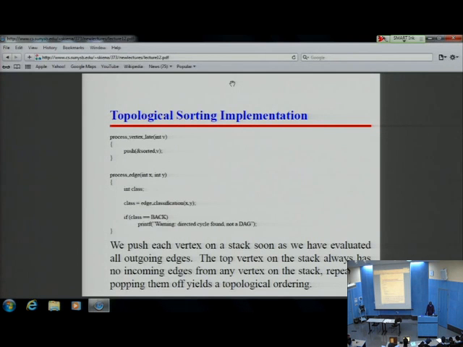And if you take my depth-first search program, which we have in the book and which I put on the slide, and you augment what you do by whenever you see an edge, you check to see whether or not you have a back edge.